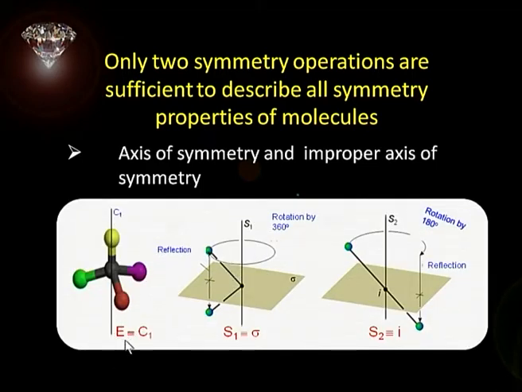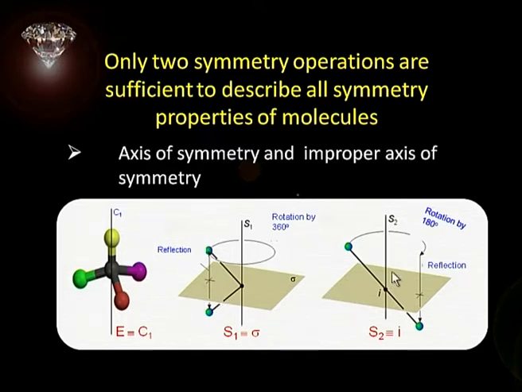Identity can be equated to C1: a C1 axis of rotation, meaning rotation by 360 degrees, is as good as an identity operation. Similarly, we can show that S1 is a rotation by 360 degrees followed by a reflection through a plane perpendicular to the principal axis. So what you get is nothing but sigma, the plane of symmetry.